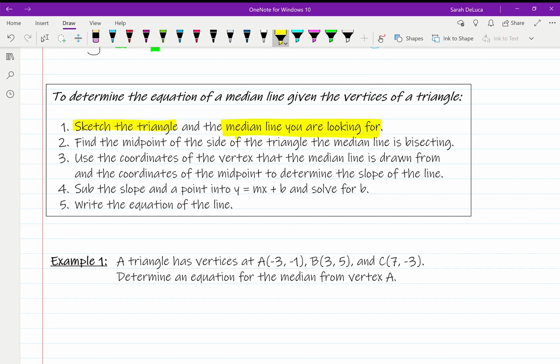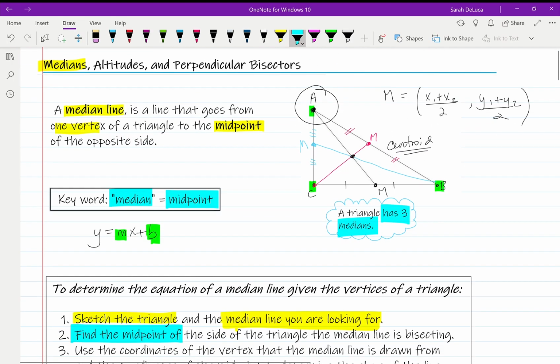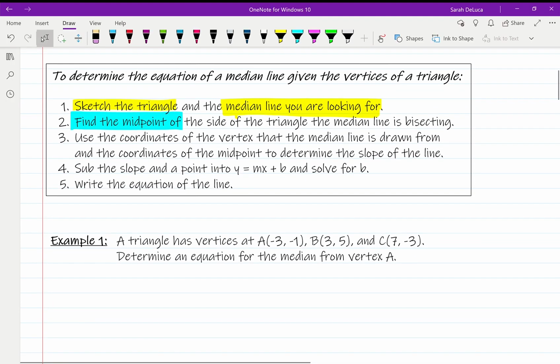And so the first thing you're going to do is find the midpoint of the side of the triangle that the median line is bisecting. Like in this example, I drew that median line here, so that means I want to find the middle of CB. So you go and find that midpoint, and then you're going to use the coordinates of that vertex that the median line is connecting to the midpoint, and you're going to determine the slope of the line.